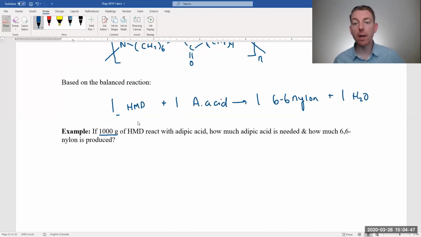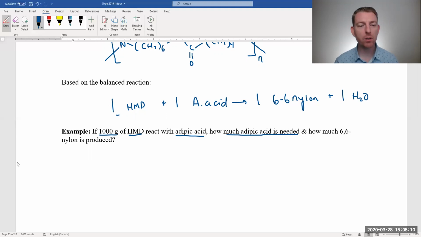You're going to need to know its molecular weight, because this is going to correspond to a certain number of moles of the HMD, which will have the same number of moles of the adipic acid in order to react with it, because it's just 1 to 1. And you'll need to convert that back into grams, because we want to know how much is needed.